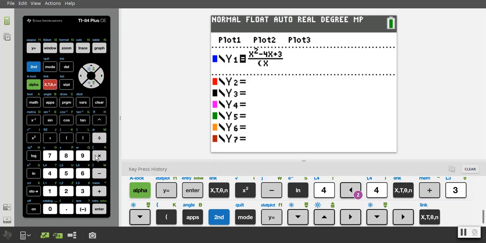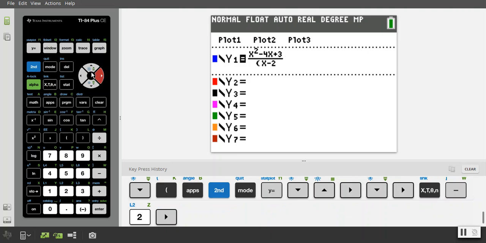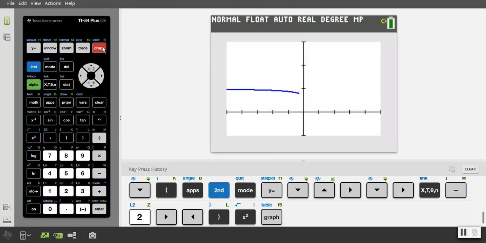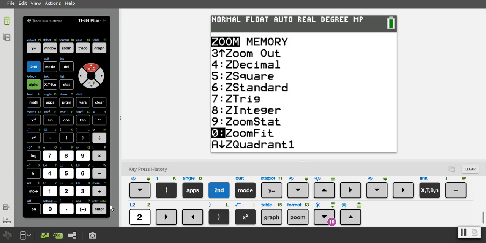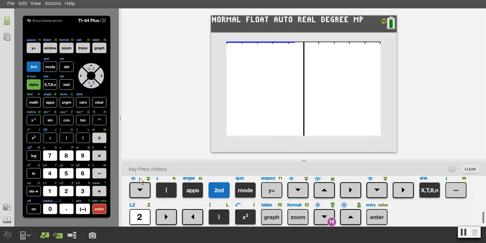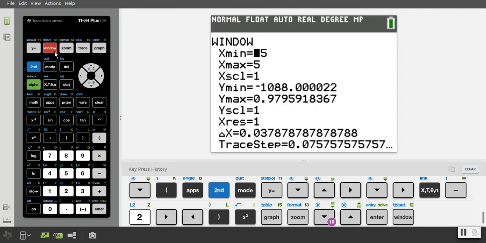Okay, so this should be x minus 2, and we need to square that. Okay, so if we go to graph, and let's say we go to zoom fit. Actually, that's not good.